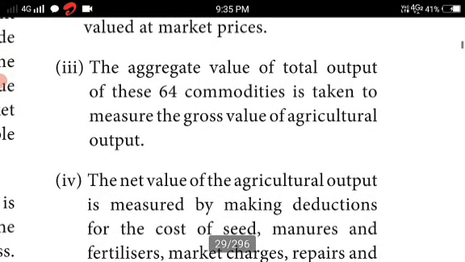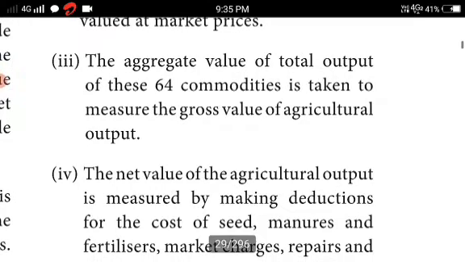Then the aggregate value of the total output of these 64 commodities is taken to measure the gross value of agricultural output, as I told you. The 64 commodities are taken into account to measure the gross value of agricultural output. Here we are going to measure the agricultural output.